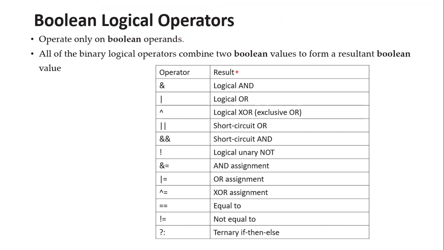And you have the same old binary equivalents, that is logical and, or, and XOR. Apart from that, you have the short circuit and or, and then you have this unary negation that will simply negate the answer, the same as your not operator from the digital fundamentals.